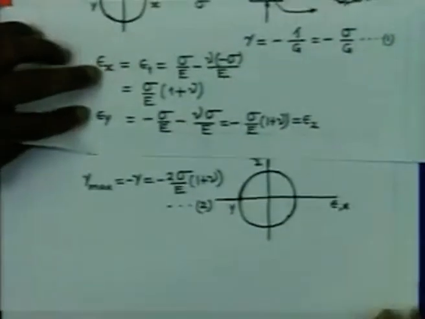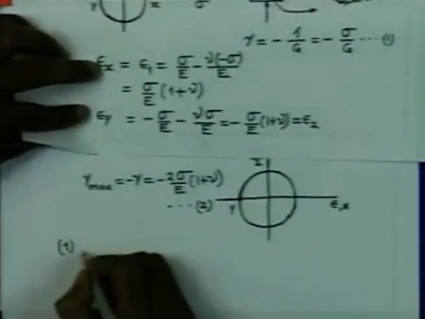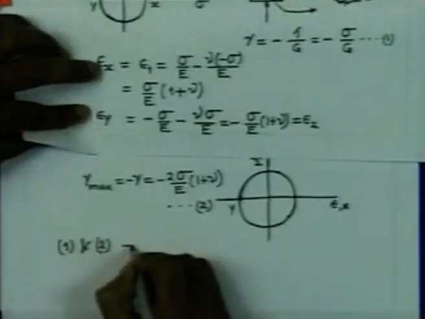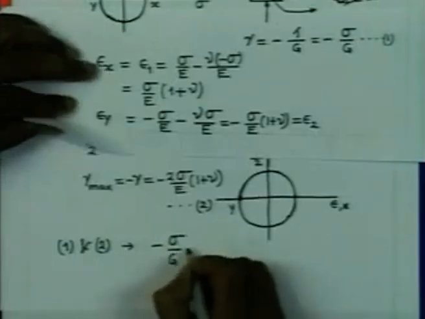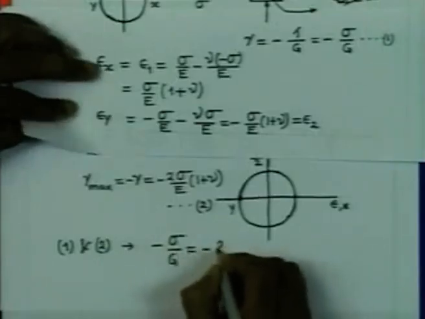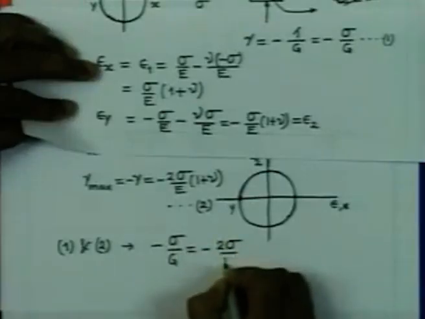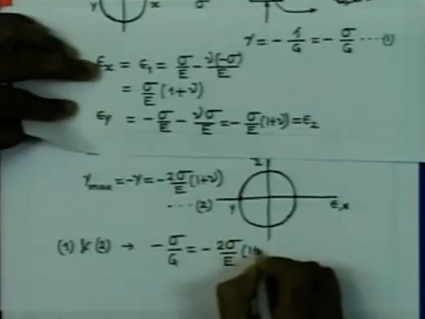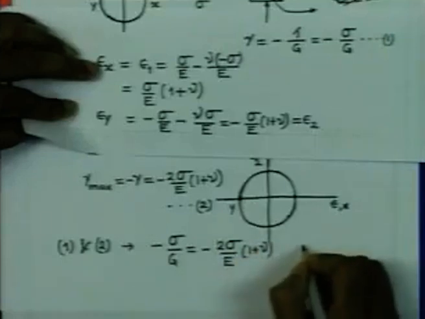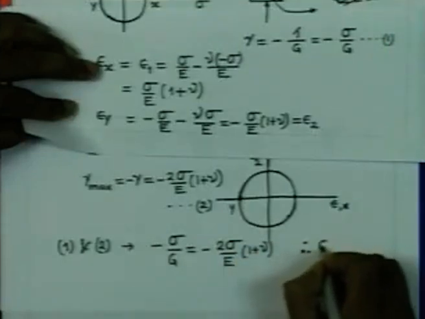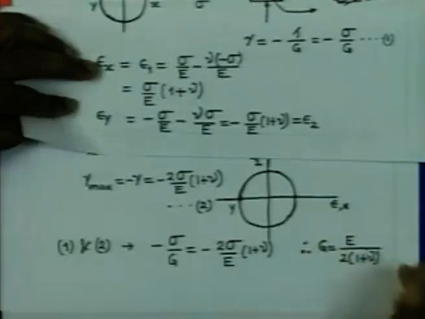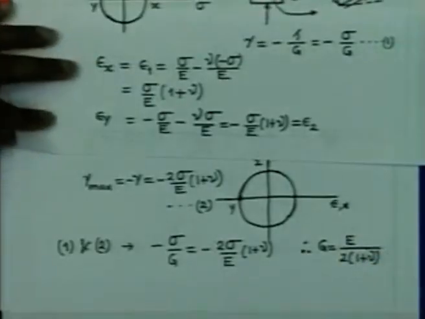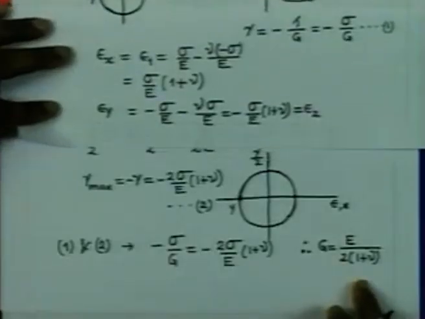So, coupling relations 1 and 2, what you get is that minus sigma by G is equal to minus 2 times sigma by E into (1 plus nu). Therefore, G is equal to E by 2 into (1 plus nu). So, this is the relationship that exists between the elastic constants in the case of isotropic material.